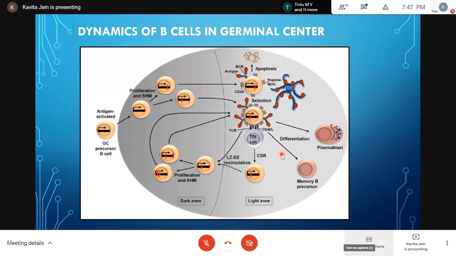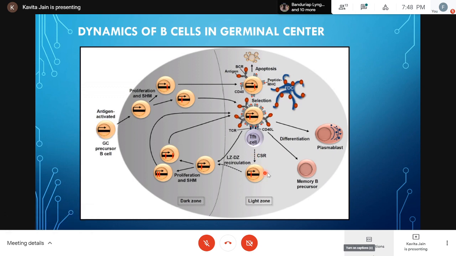Initially, as I told you, the B cells are naive cells, which possess IgM, which is very short-lived. So the class switch has to happen so that the antibodies which are forming become long-lived and more potent, that is IgA, IgG, IgE.